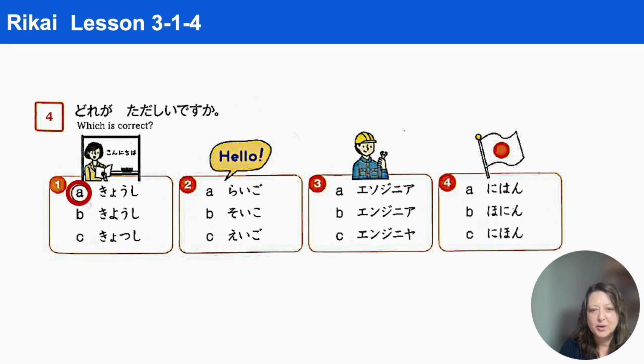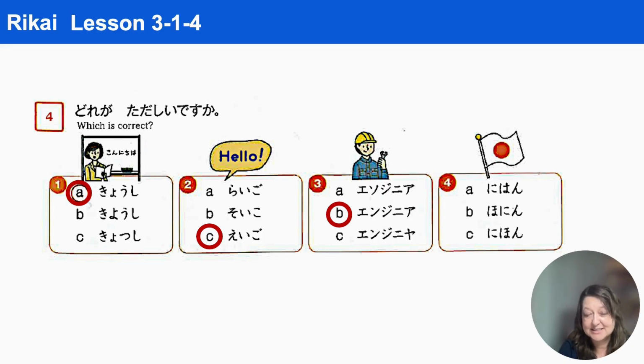Number 2. 来語、添語、英語。どれが正しいですか? Which is correct? Okay. 英語、英語. So, ra, so, and e can look similar. So, make sure you understand the difference between those 3. Number 3. どれが正しいですか? エンジニア. Number 4. どれが正しいですか?